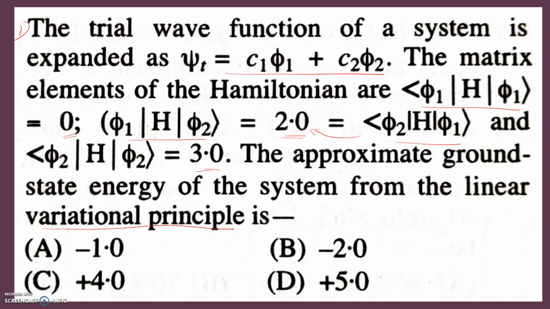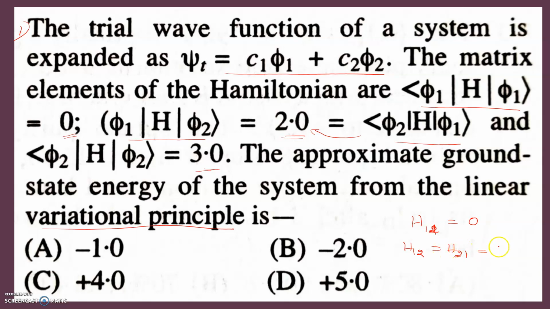Okay, so here the integral phi1 h phi1 is shortly represented as h11. h11 value is given as 0. Then the integral phi1 h phi2 is represented as h12, and the integral phi2 h phi1 is represented as h21.